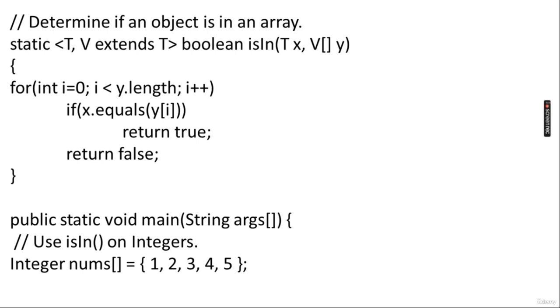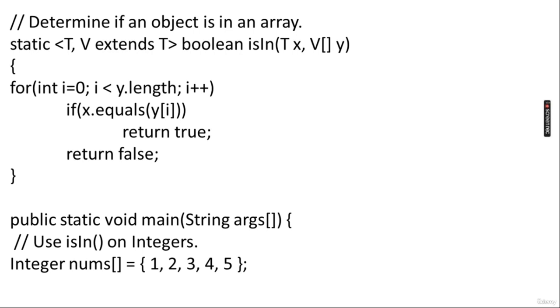So if any element in the array is equal to the element that we are passing as a parameter, it will check for the equality. If it is present, it will return true, otherwise it will return false.